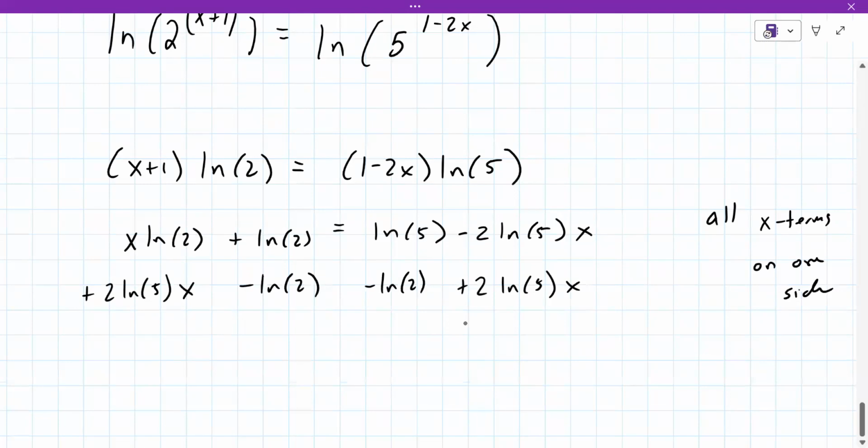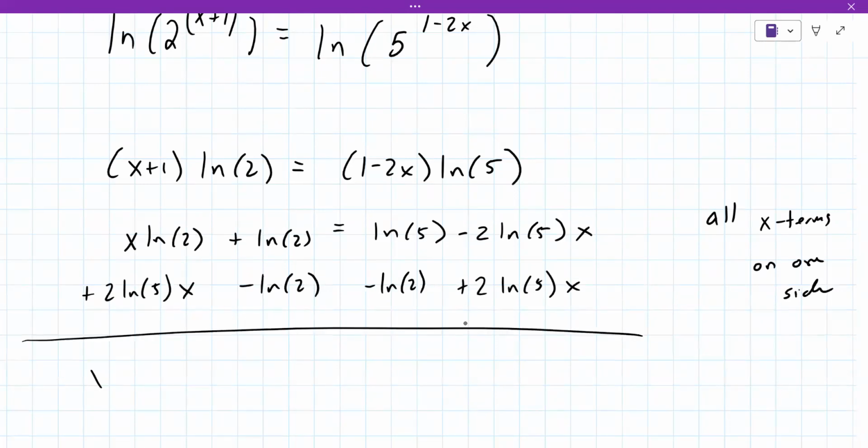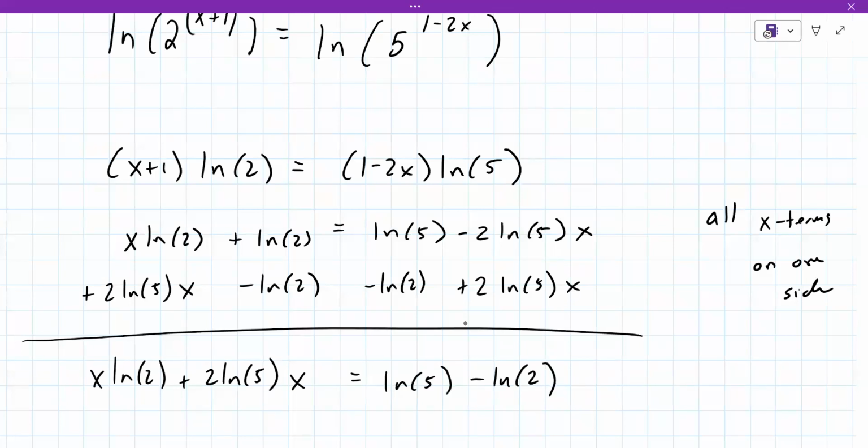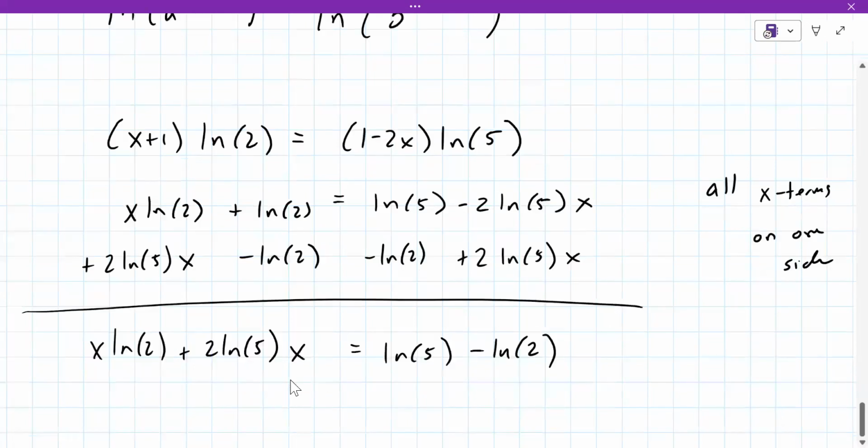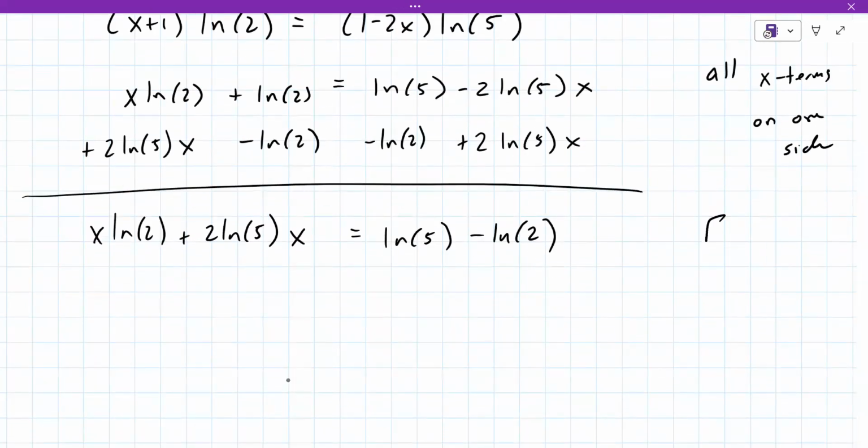Now nothing combines, it's not like they're like terms, you just rewrite it. x natural log of 2 plus 2 natural log of 5 times x equals natural log of 5 minus the natural log of 2. And it looks really, really bad, but we're almost there, believe it or not. Both the terms on the left have an x in it, and you can factor them out.